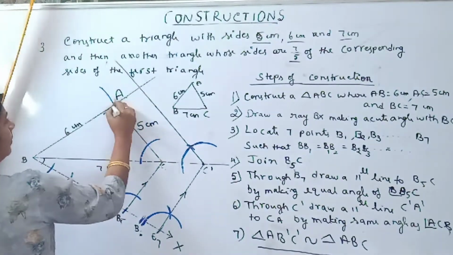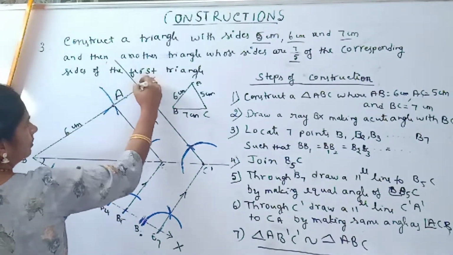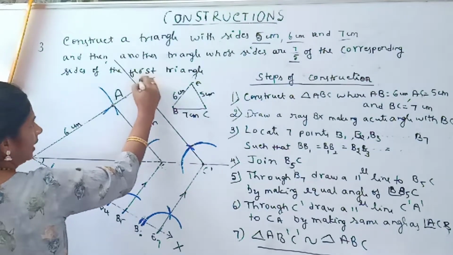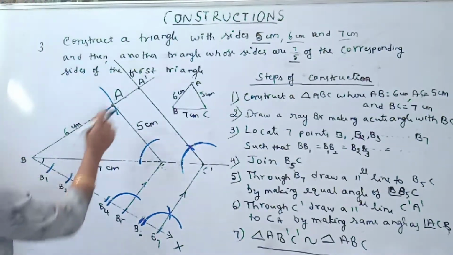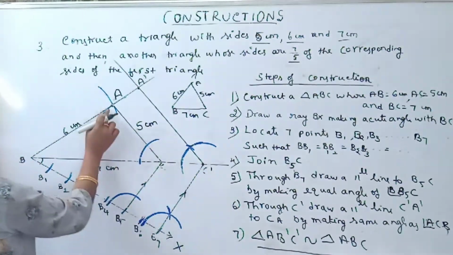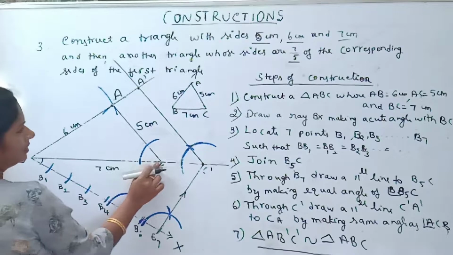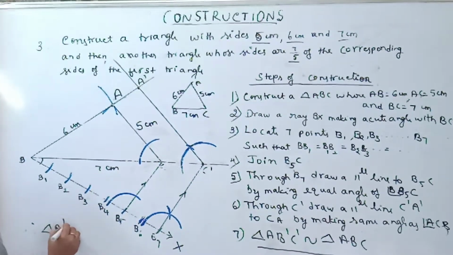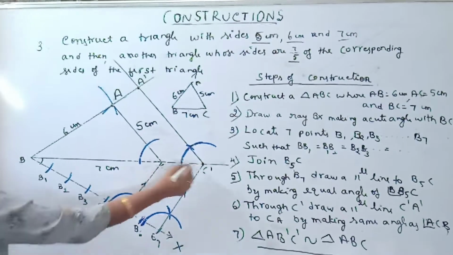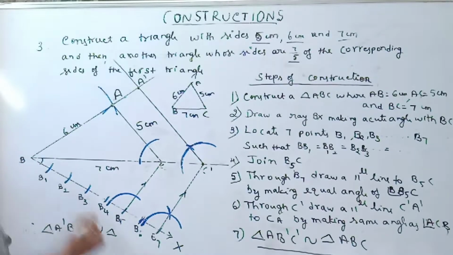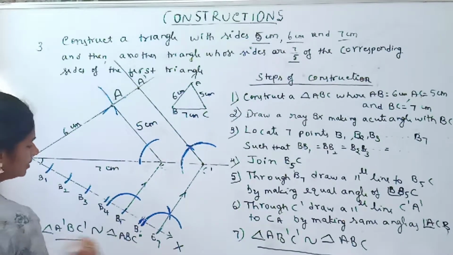Where the two lines are intersecting, you name that point as A dash. Now A dash B C dash is similar to triangle ABC. Let me write here, triangle A dash B C dash is similar to triangle ABC.